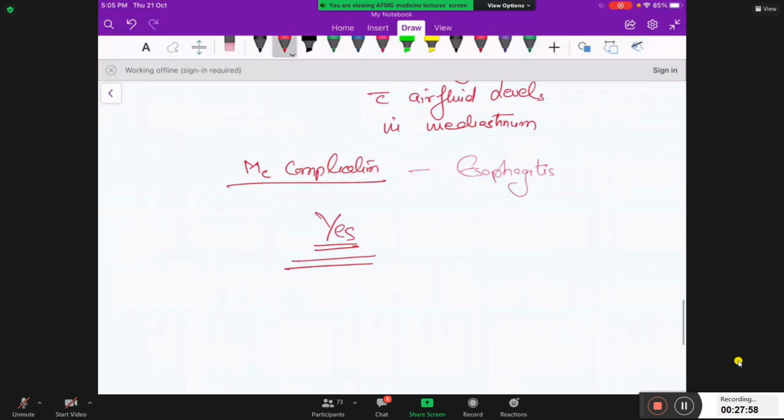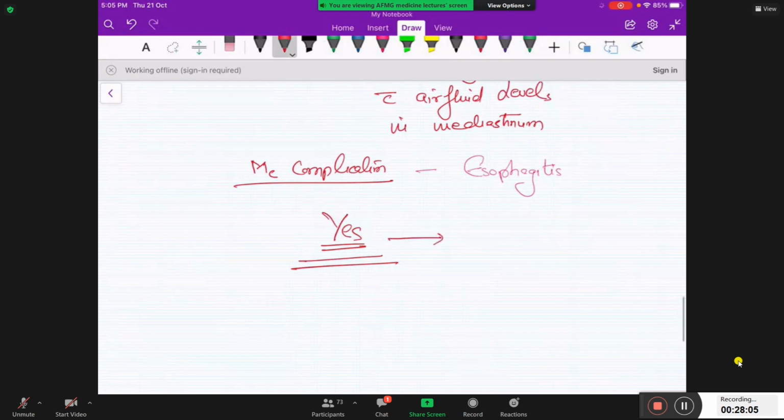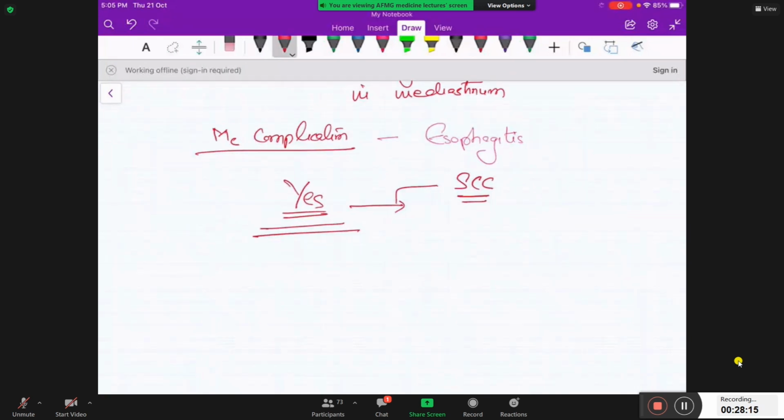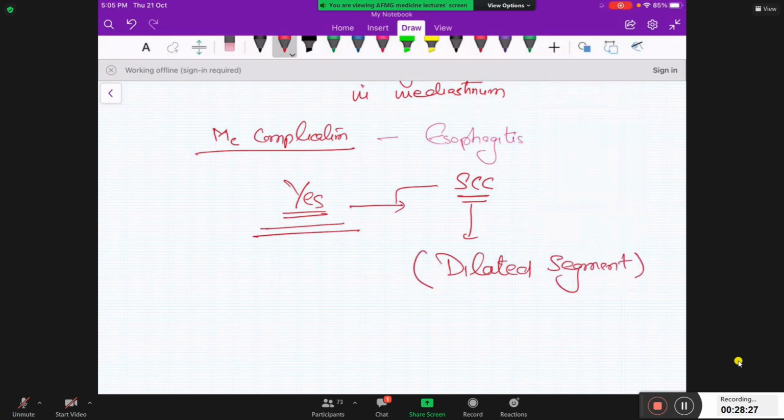And a very important point: achalasia cardia leads to which type of carcinoma esophagus? Squamous cell or adeno? Squamous cell carcinoma, and this carcinoma happens in the dilated segment of the esophagus.